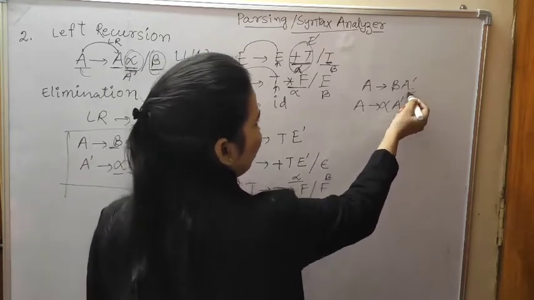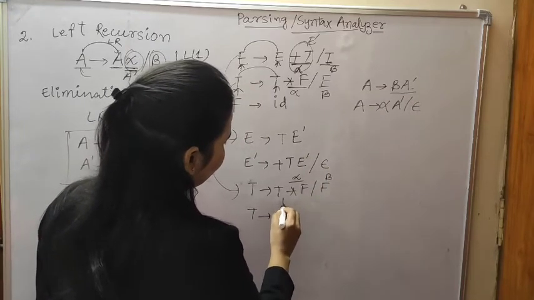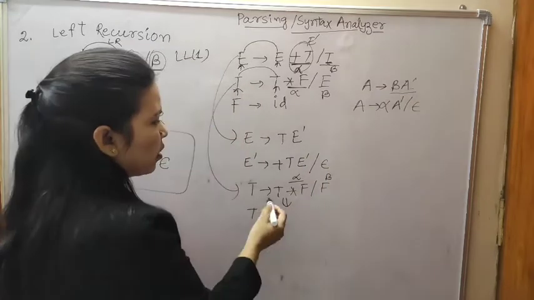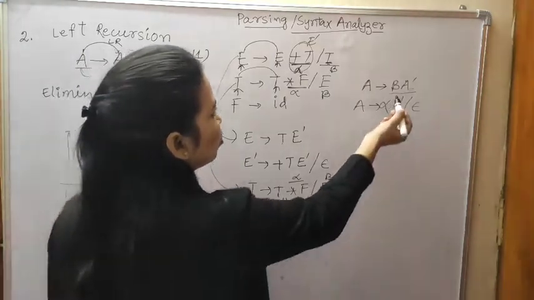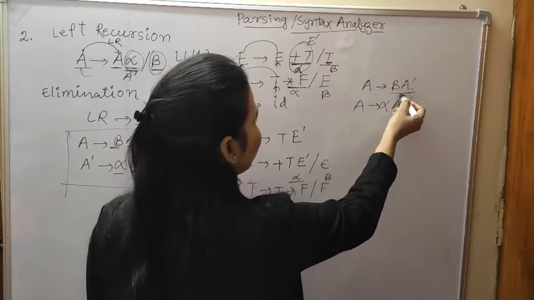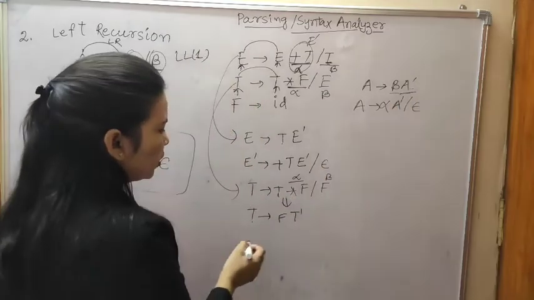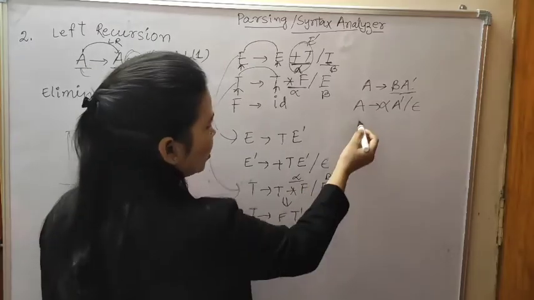So we will follow this rule. A, that means T, is converted to right recursive grammar. T goes to what? Beta means F and then A dash means T dash. Okay, F T dash.